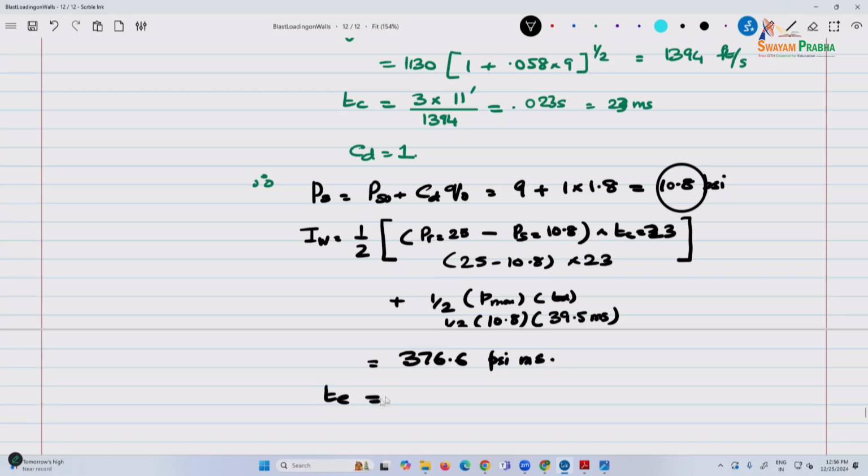So the effective time is 2 times IW divided by PR. So 2 times 376.6 divided by PR is 25, 22.